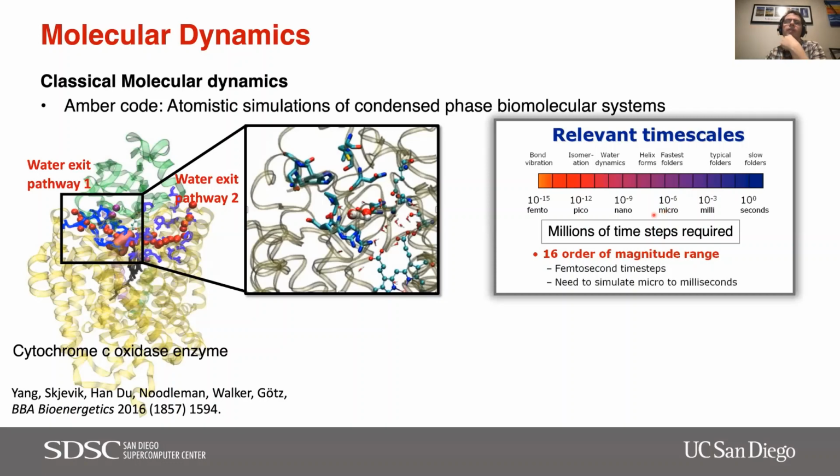But each time step that we do in these molecular dynamics simulations, right? So in this movie, you've seen just a very short time, but those are many, many time steps, because these interactions between the atoms, we have to do the computation, and the numerical time steps for integration of the equations of motion are on the order of femtoseconds. So we have to do millions of time steps, and in each time step we have to compute all those interactions.